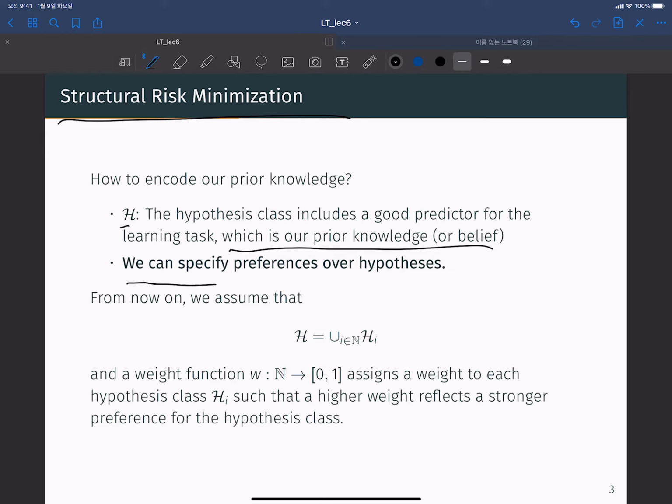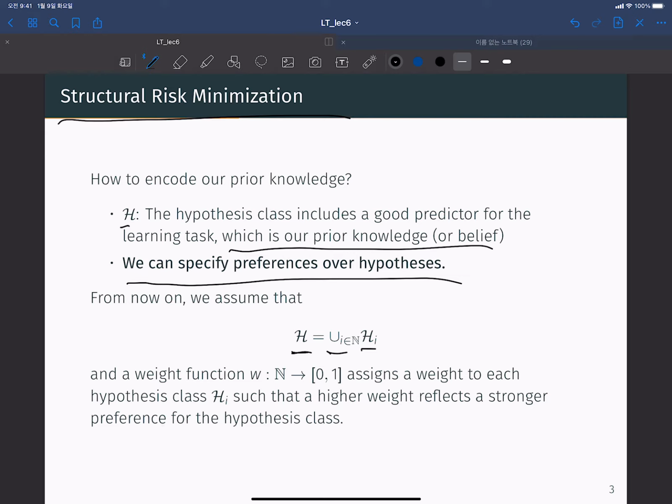In addition, we can specify preferences over hypotheses. Although two different hypotheses belong to the same hypothesis class, they could be different. One might be more preferred compared to others. That is also possible. So from now on, we assume that the hypothesis class is a union of many different hypothesis classes.